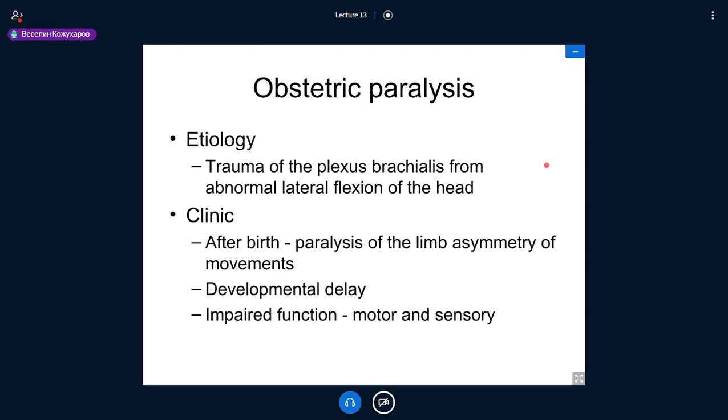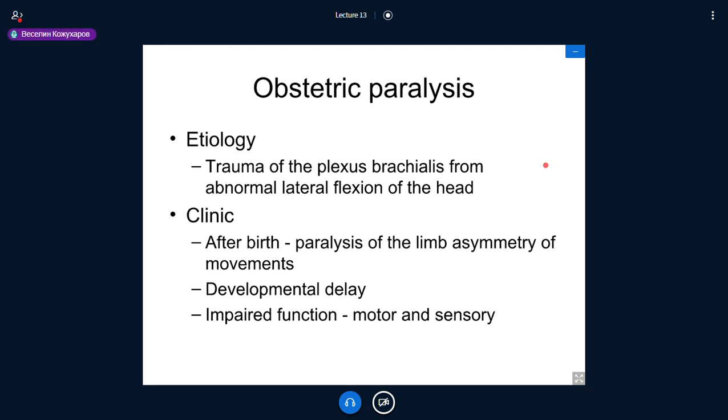You know that the head is the biggest part of the fetus, and it comes a little bit hard, and the delivery becomes difficult. There is a special maneuver for delivery, and this maneuver consists of significant lateral flexion of the body, of the neck region, and this will affect or stretch the brachial plexus.